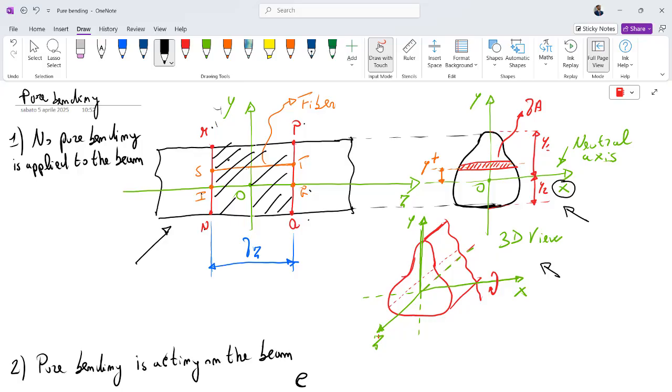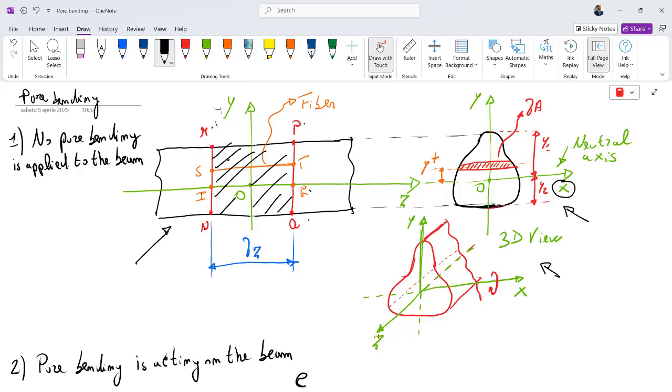The 3D view of this beam can clarify how this reference frame is taken. Z is in the direction of the longitudinal fiber of this beam, Y is in the vertical direction, and at last X is in the direction of the neutral axis in this case.